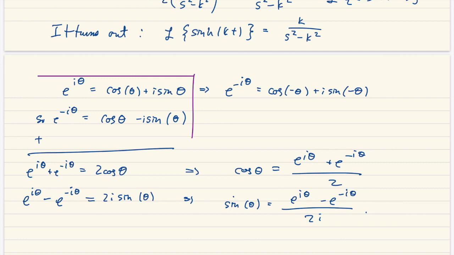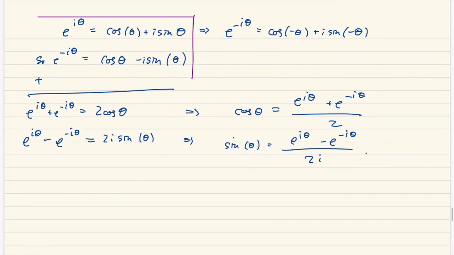From this you can see that sine and cosine behave a lot like hyperbolic cosine and hyperbolic sine. So for example, if you were to look at cosine of minus ix, what you would get, just based on our formula that we have above, is e to the I minus ix plus e to the minus I minus ix all over 2.